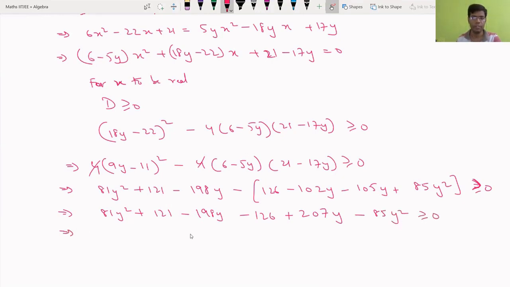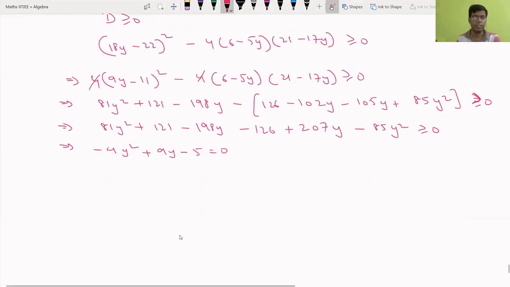So now if we simplify it, we'll get minus 4y square. This is 81, this is minus 85, so minus 4y square. And then this is minus 198 and this is 207, so this will give me plus 9y, and this is 121 and minus 126, so this will be minus 5, greater than or equal to 0.